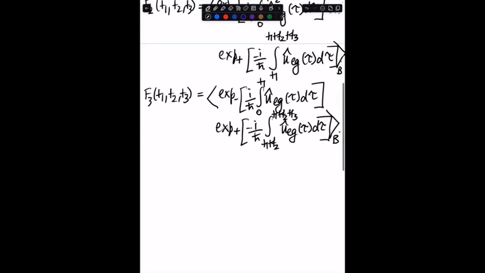And F4 is a bit unique in the sense that it corresponds to the non-rephasing bleach process.